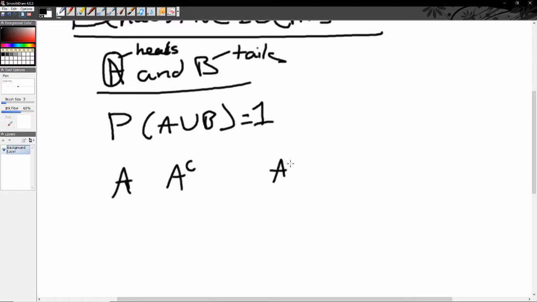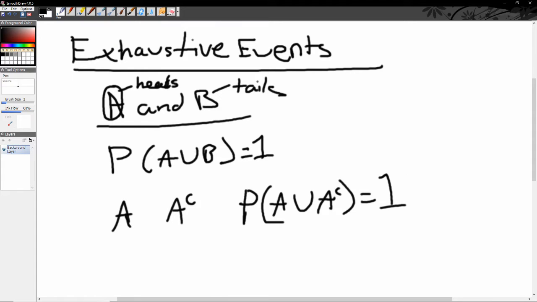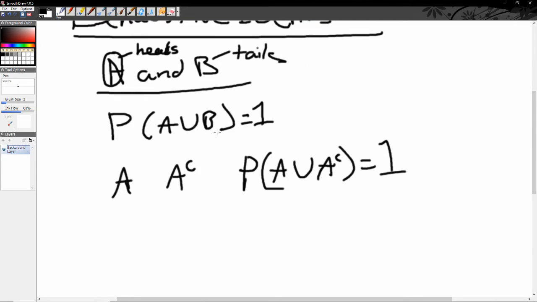The probability of A or not A is always 1, because something either has to happen or not happen, and there's no way around that. So again, the probability of A or B is just 1 here with exhaustive events.